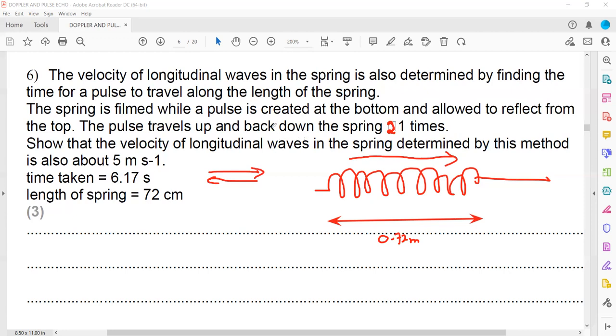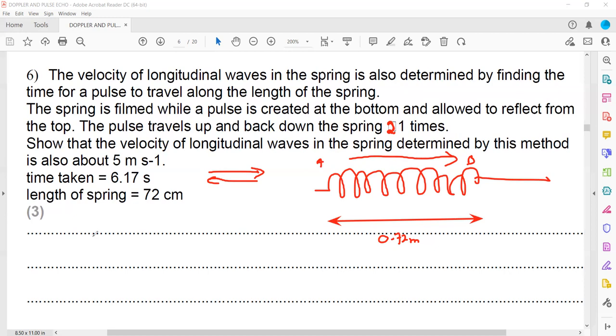The pulse travels up and back down the spring 21 times, and this shows the velocity of the longitudinal wave is about 5 meters per second. So this is the total time the pulse takes for 21 times. First we'll find the time to travel from end A to B and then return back. This spring is not placed horizontally; it is placed vertically.